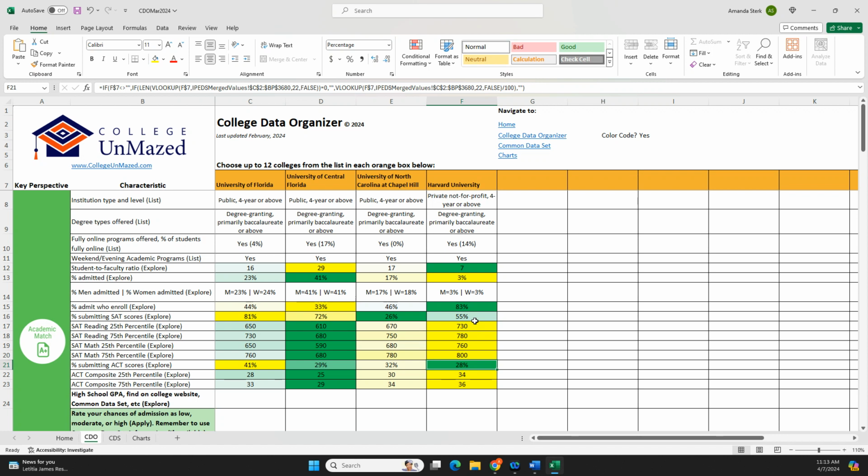So the test optional policy is, if you think you're coming in without having test scores, it's going to be much, much harder. And with the lower admission rate to begin with, it's going to be really difficult. So, here, University of Florida and UCF are all required to submit test scores. So you're going to see that some students submit both. And that's why UF has over 100%.